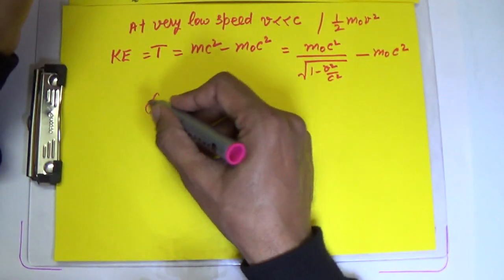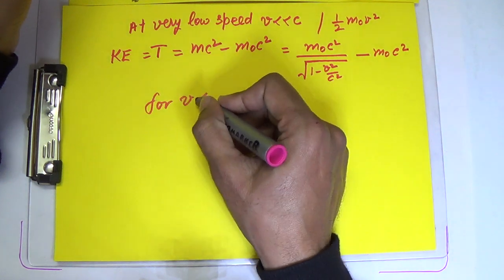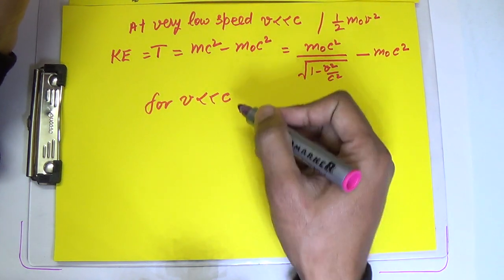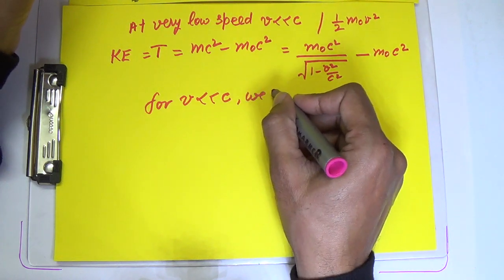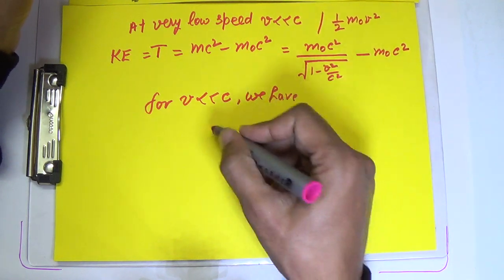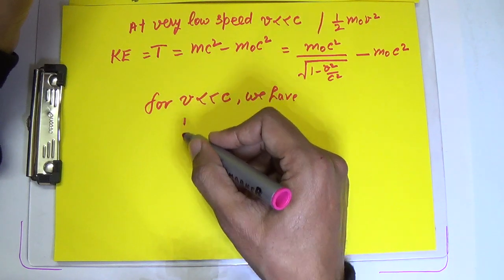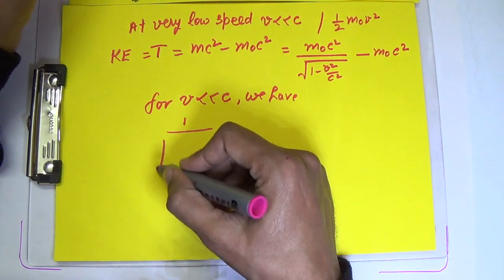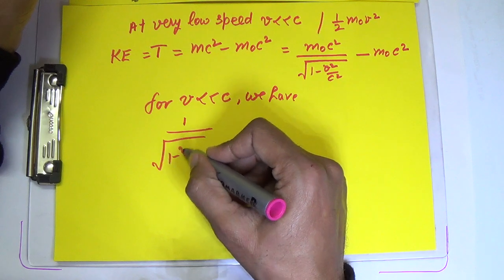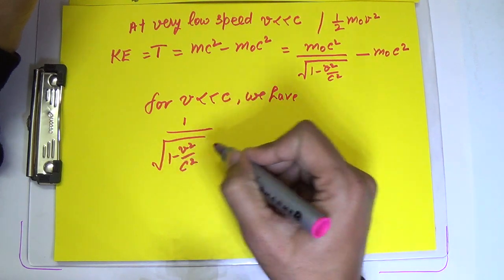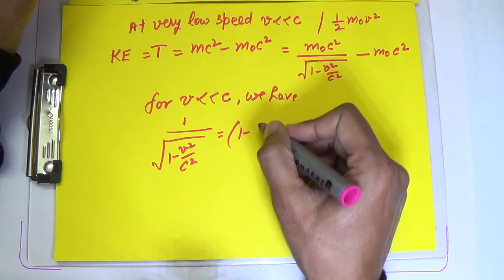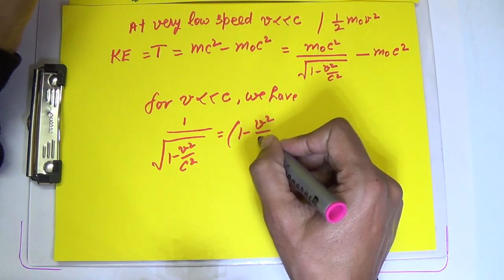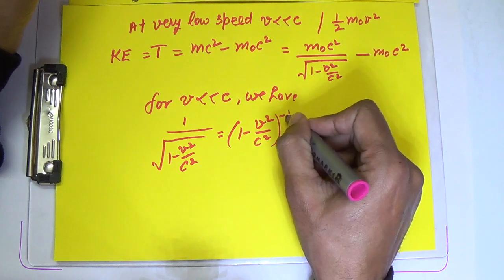When v is very much less than c, in this situation what will happen? We have this factor 1 upon square root of 1 minus v square upon c square, and this can be written as 1 minus v square upon c square to the power minus 1 by 2.